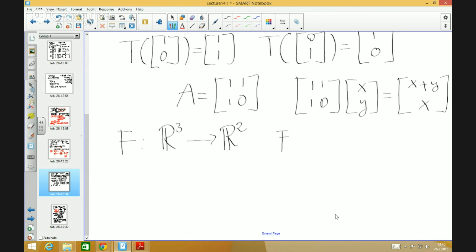And let's say that f of (x, y, z) is defined as (x plus z, 0, y). There's nothing holy about what I did. I just wrote something that crossed my mind. So what is the matrix that induces f?